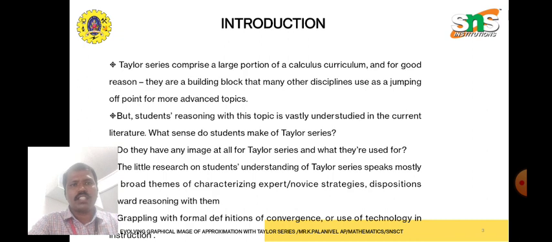The little research on students' understanding of Taylor series speaks mostly about themes of characterizing expert and novice strategies, dispositions about reasoning with them, grappling with formal definitions of convergence, or use of technology.